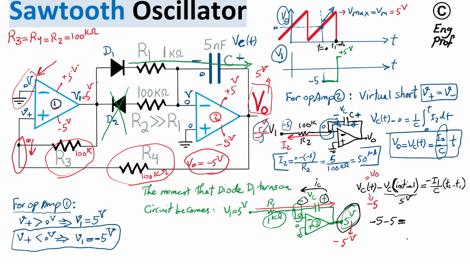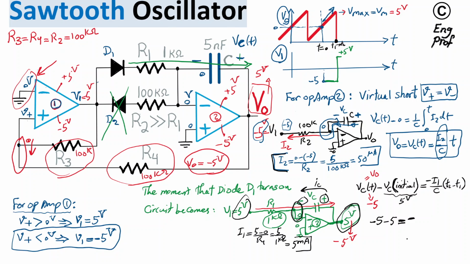So IC. Now I1 is counter that direction, so minus, and I1 is now just simply 100 times what I2 was, because we are dealing with 5 minus 0 divided by 5 minus 0 on two sides of R1 divided by the value of R1, which is 5 over 1K, which is obviously 5 milliamp, which is 100 times more than the I2.